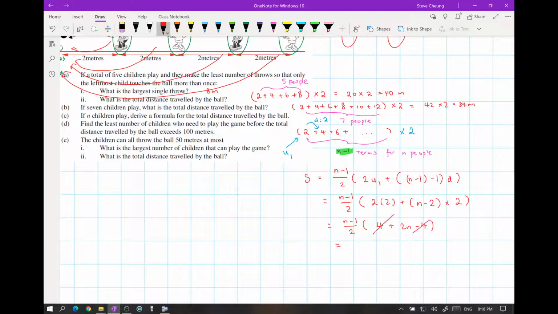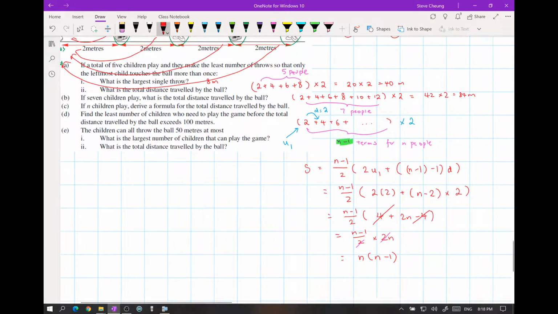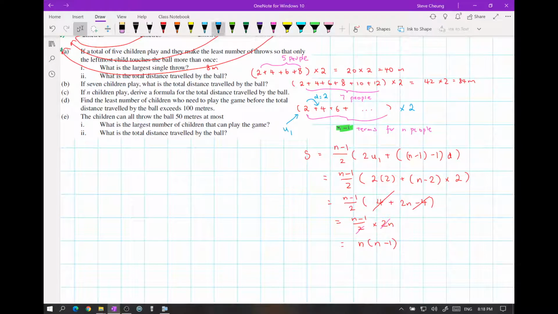So this cancels out. Times 2n. I can simplify this here. So this will be n bracket n minus 1. I'm still missing something. I am missing the times 2, of course. So the total distance then.